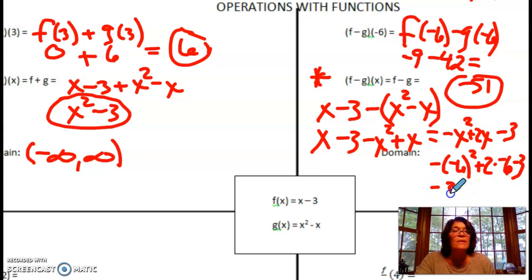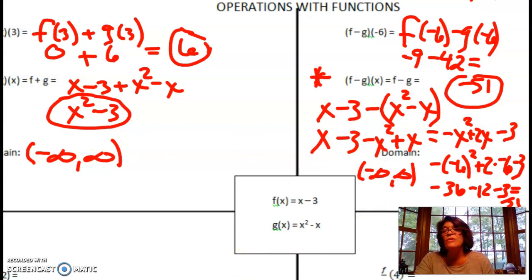So that's the opposite of 36 minus 12 minus 3. 36, 46, negative 47 minus 3. I'm sorry, negative 48 minus 3, which is negative 51. Okay, so we get the right answer. If I wouldn't have distributed my negative through, I would not have gotten the right answer. Of course, the domain, again, is all reals.